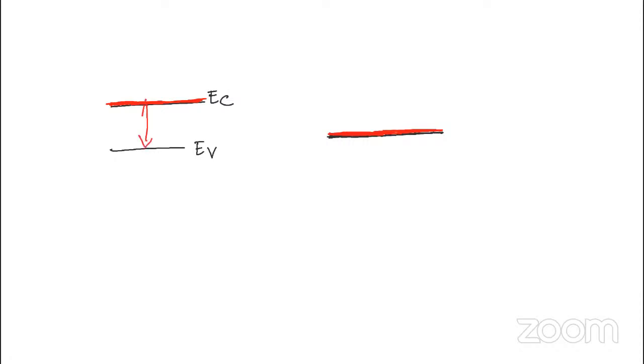This part we could name as Eg, but here there is no energy band gap. Both EV and EC overlap, combined together. So automatically the Eg value is equal to 0.